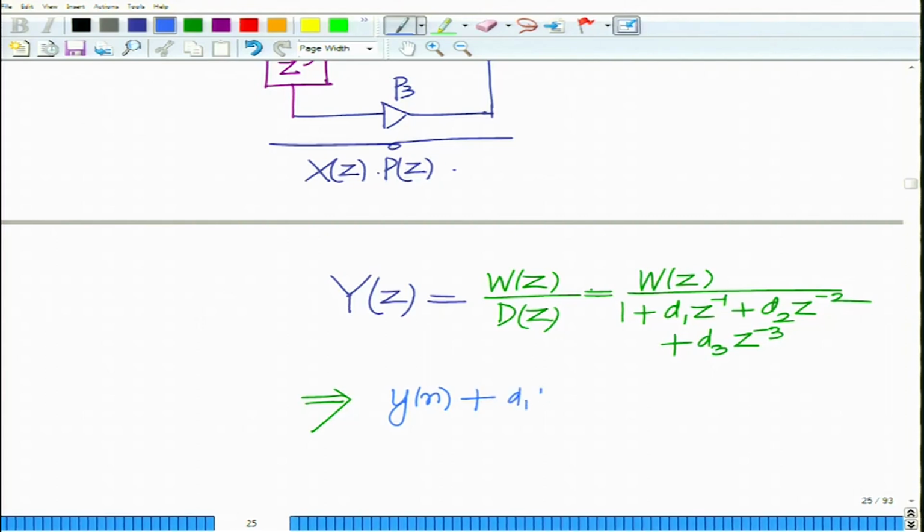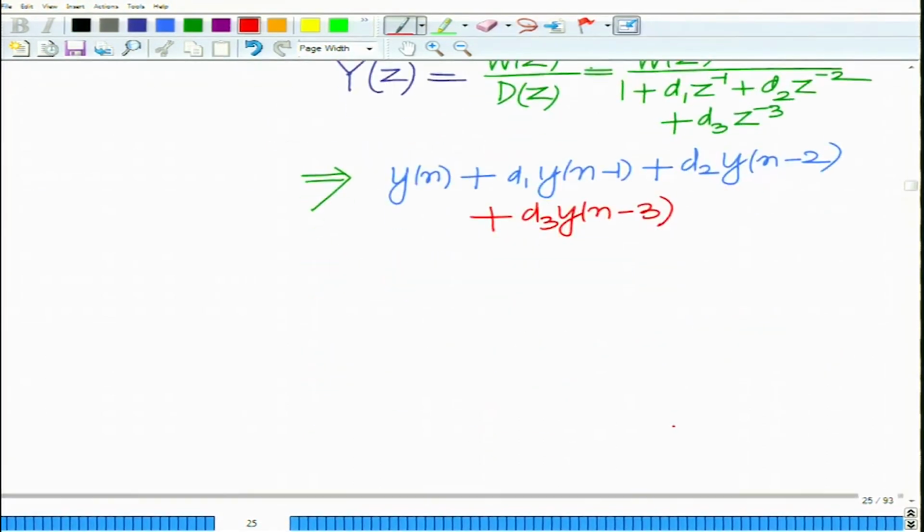plus d1 y[n minus 1] plus d2 y[n minus 2] plus d3 y[n minus 3] equals your w[n].